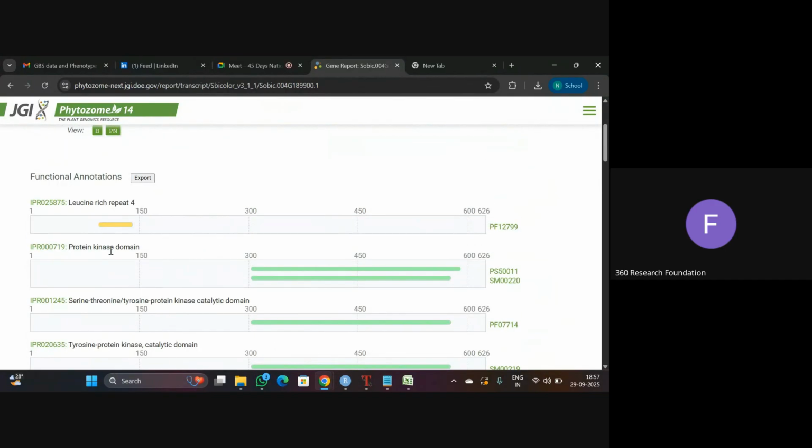So what is meant by annotation? What is the meaning of annotation? Representing something, assigning its function, gene function.